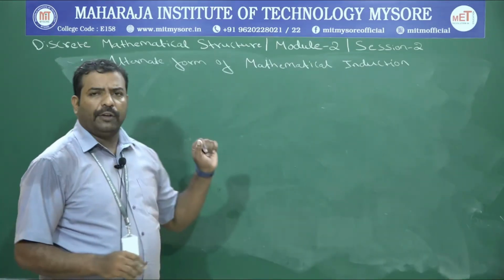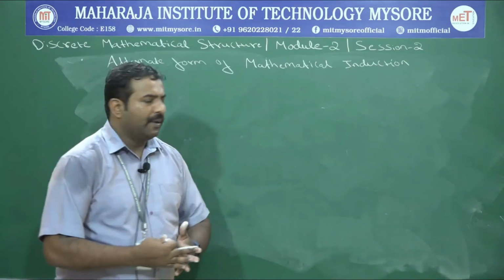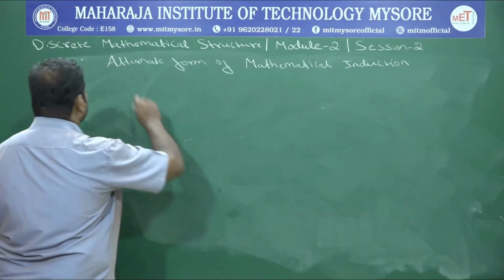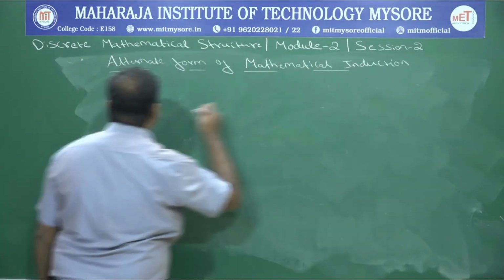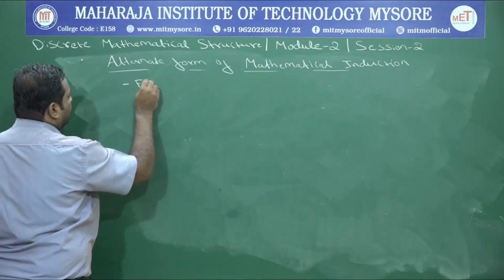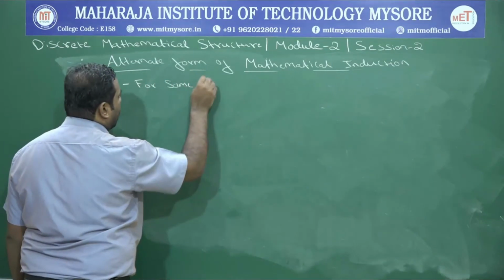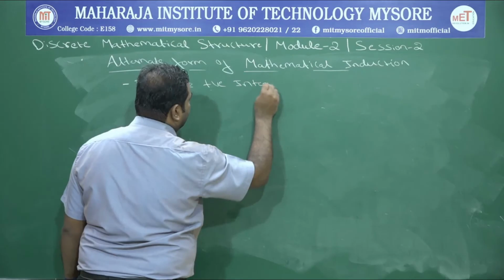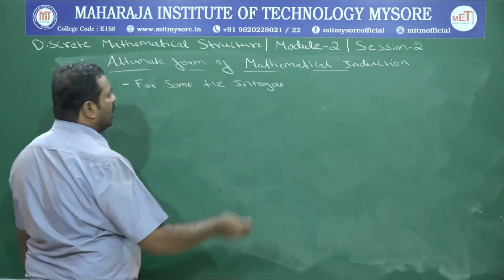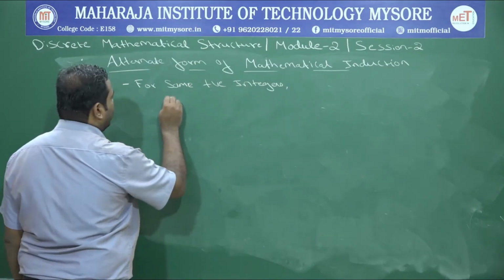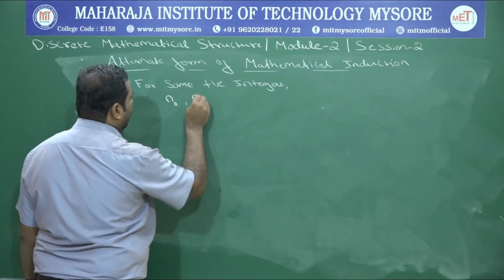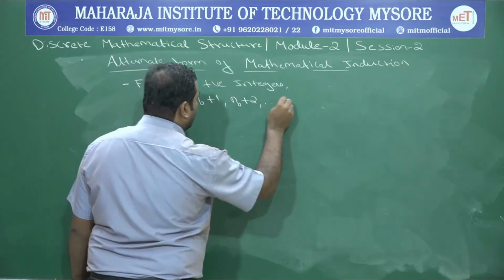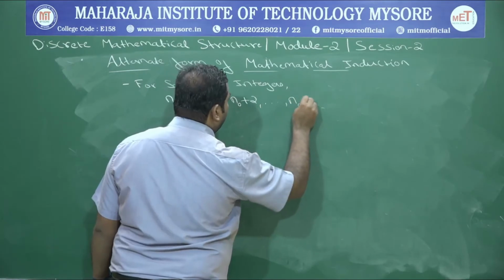Now in this alternate form, whenever a statement is made, I am going to check for some positive integers, say n0, n0 plus 1, n0 plus 2, and so on up to n0 plus p.